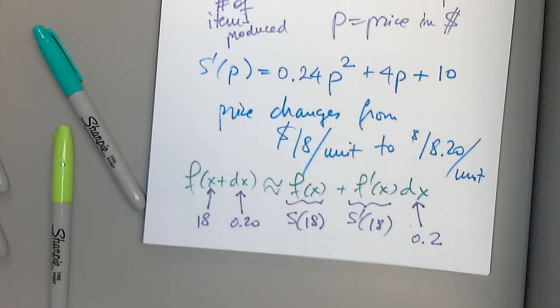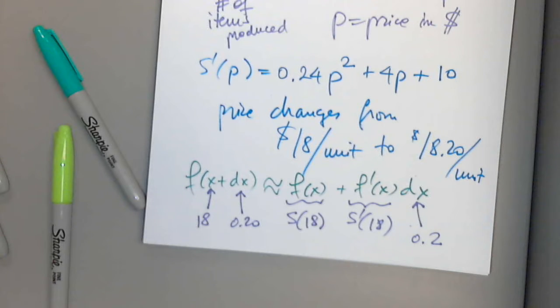However, in this problem, we are only asked to determine this. How do you know that? Because it says if the price changes from 18 to 18.2, this will still be on the other side. So estimate.